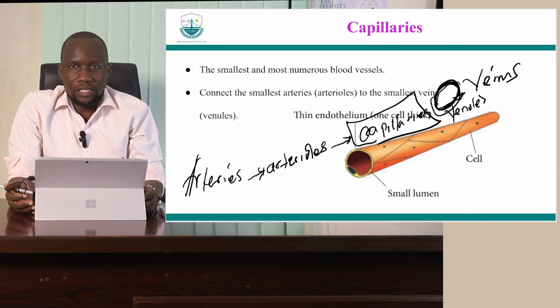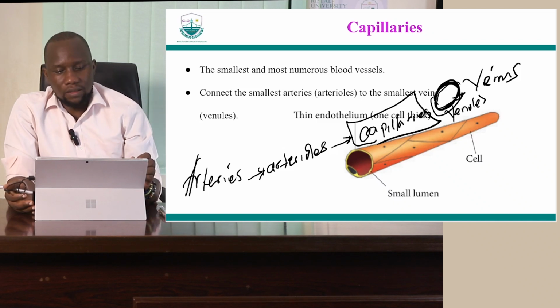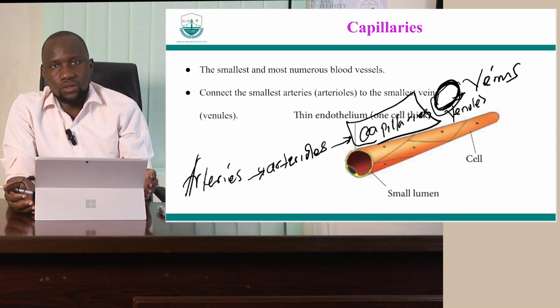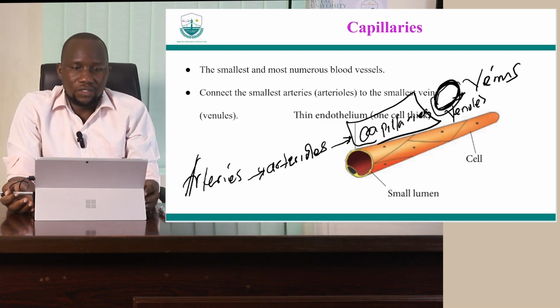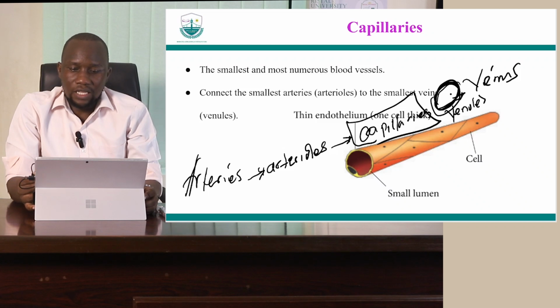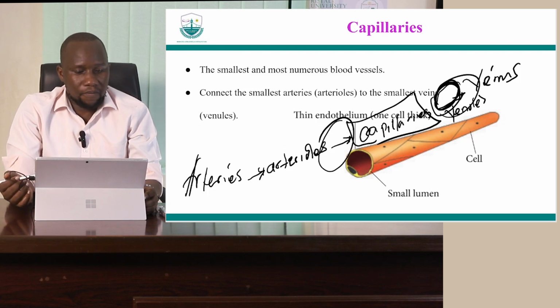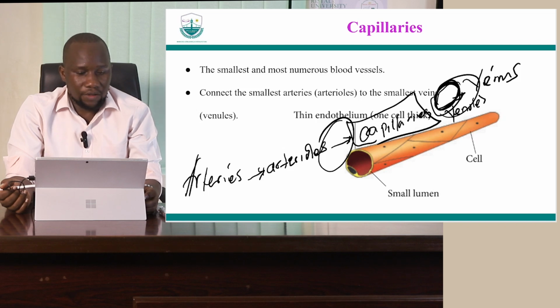We'll see that this fluid will be forced out of the pores of the capillaries into the intercellular space. It happens more towards the arteriole end of the capillaries than at the venule end with the veins, because the pressure is higher on this side than this side. We will look at that shortly.